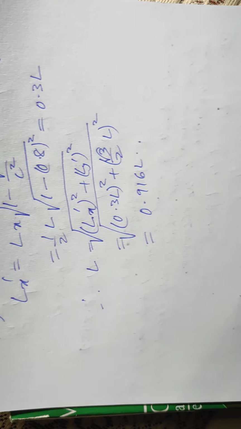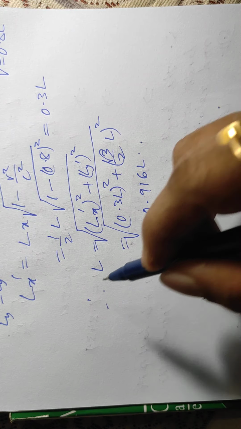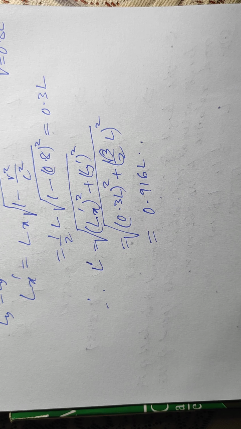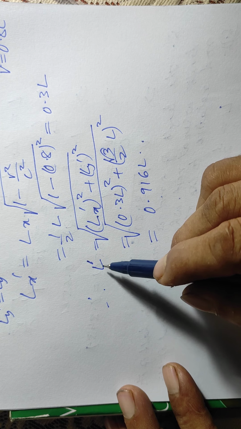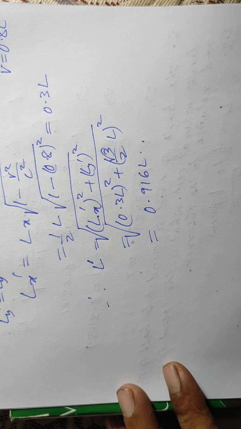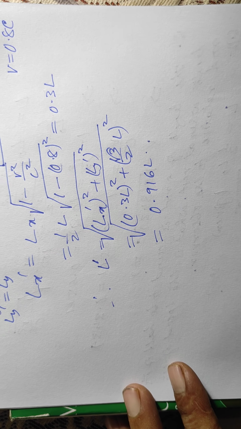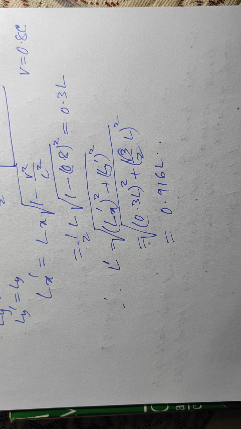Okay, so this is the value of L dash, not L, it will be L dash. Length of the rod in moving frame, L dash. And L was the length of the rod at rest. And our question is that you have to find out the percentage contraction of the rod.